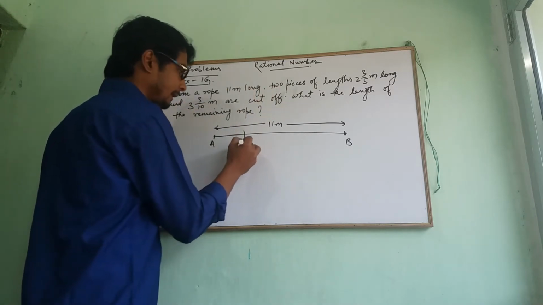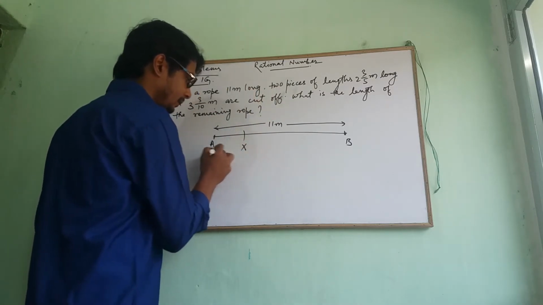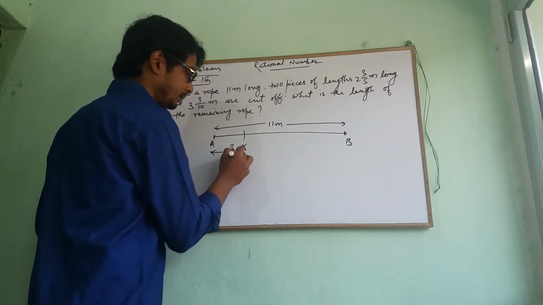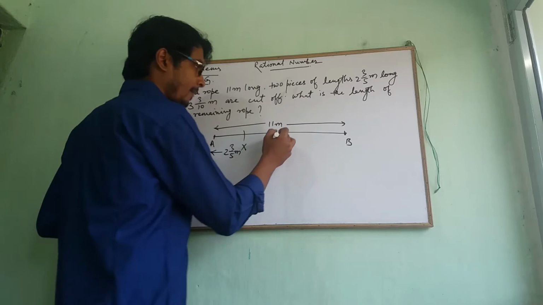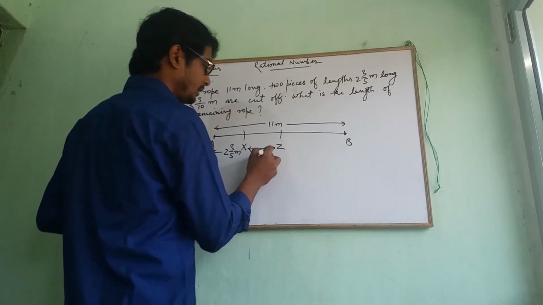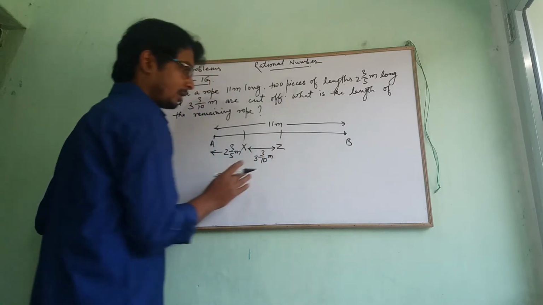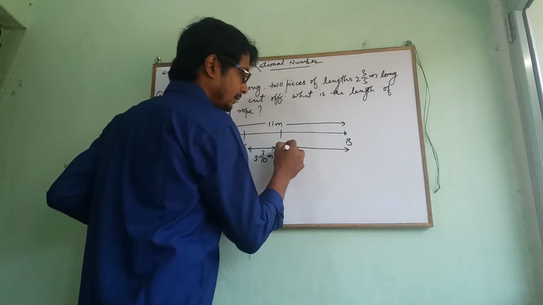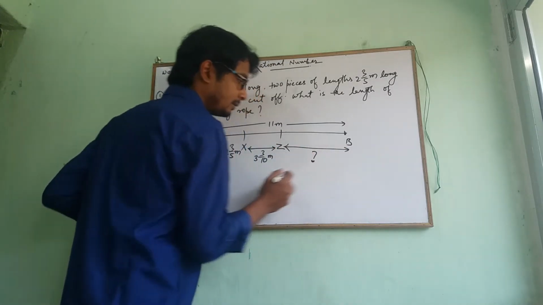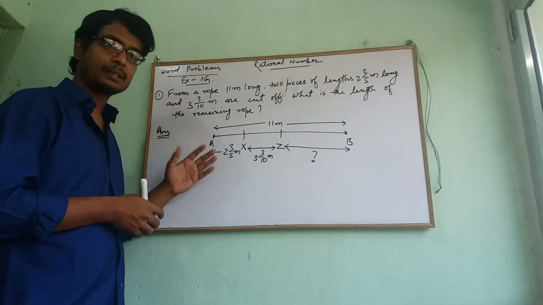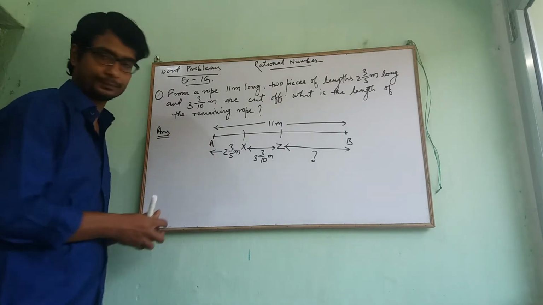So let's suppose AX, which is 2 whole 3 by 5 meter, and AXZ, which is 3 whole 3 by 10 meter, I just cut off. Now I have to find the remaining length of the rope. Now let's solve this question.